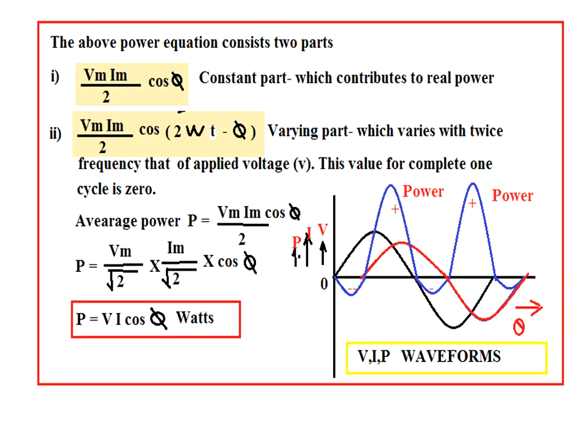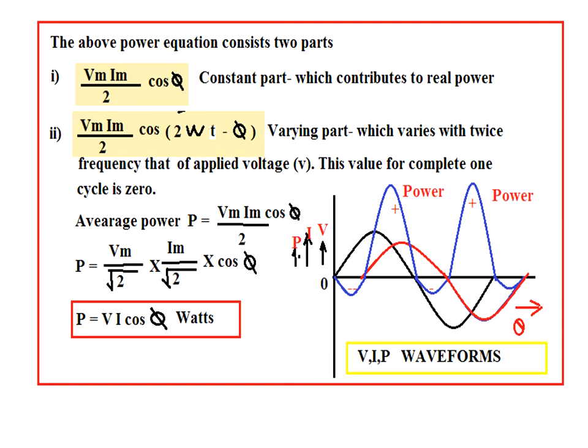The constant part mainly contributes to the real power. Vm Im by 2 cos phi only contributes to power. But the second term, Vm Im by 2 cos (2 omega t minus phi), is the fluctuating or varying part, which varies at twice the frequency of the applied voltage.